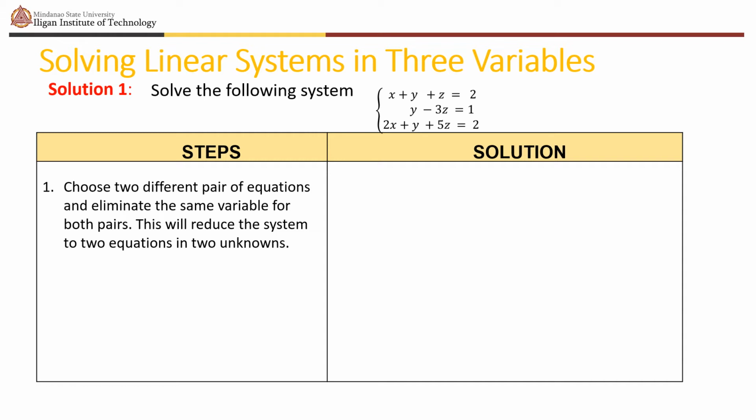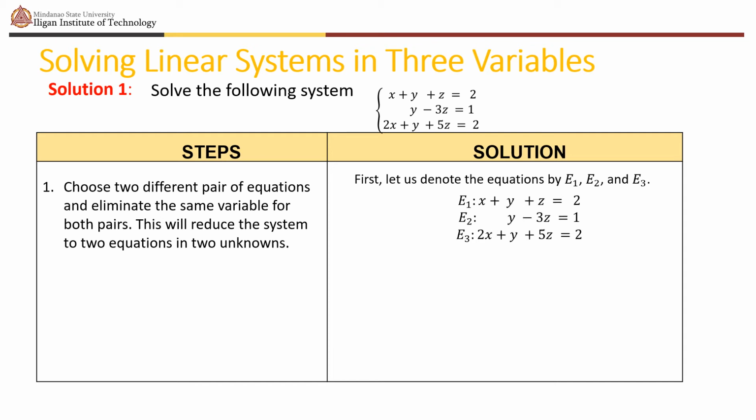Before that, let us name the given equations, or denote the equations, as E sub 1, E sub 2, and E sub 3 with the following. E sub 1 is x plus y plus z is equal to 2. E sub 2 is y minus 3z is equal to 1, and our E sub 3 is 2x plus y plus 5z is equal to 0.